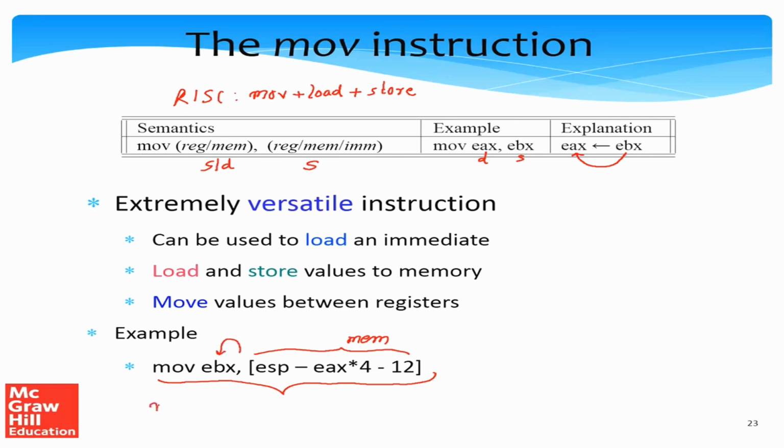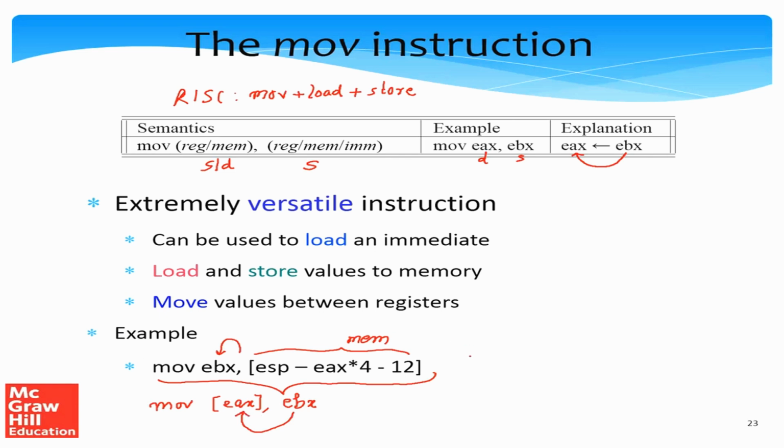I could have similarly just interchanged both and written it the other way around. So this actually would have been a store because we would have read the value of EBX and put it in a memory address.